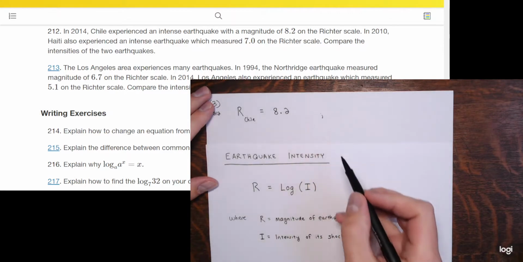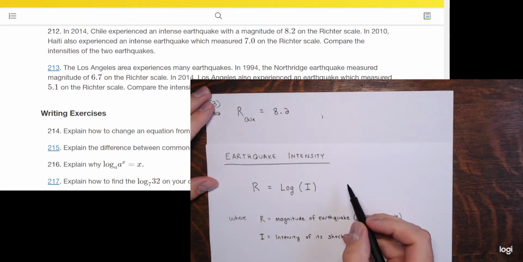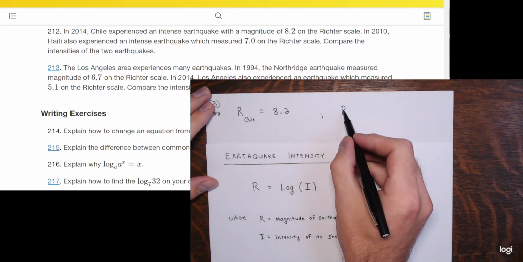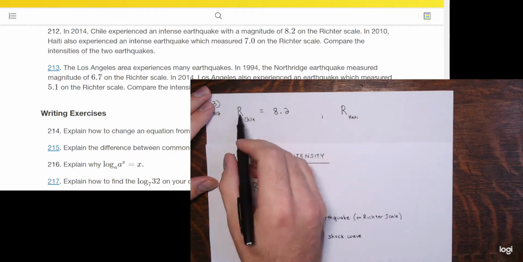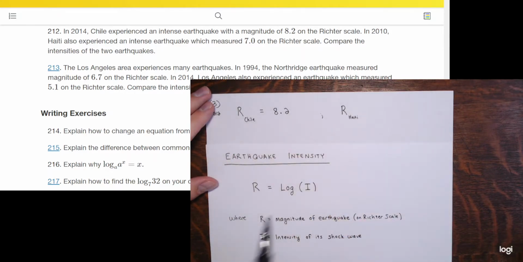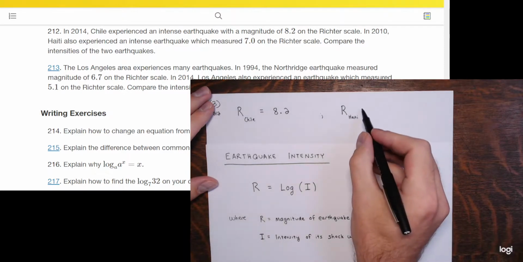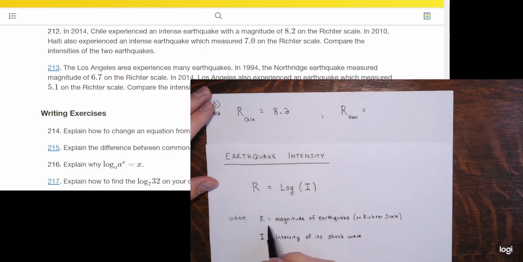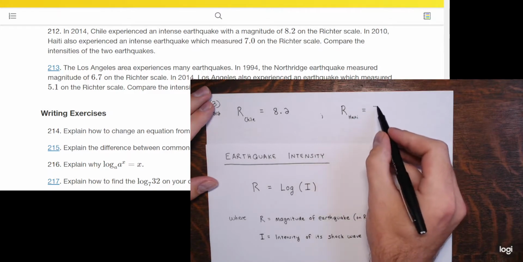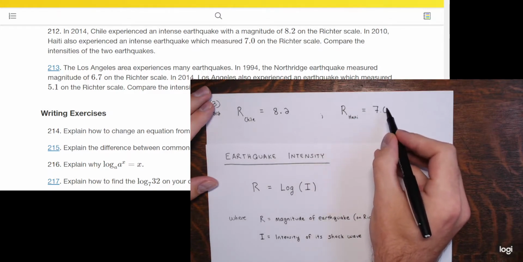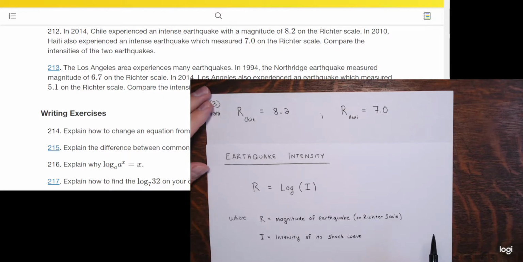And separate from that, the Haitian earthquake, which I'll call R sub Haiti, or you could go R sub C, R sub H if you want less writing, had a magnitude R of 7.0. And we're asked to compare the intensities of these two earthquakes.